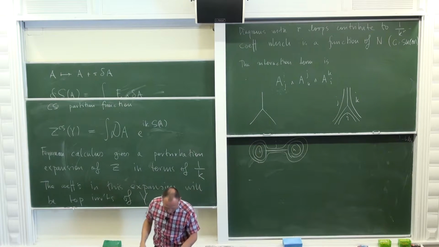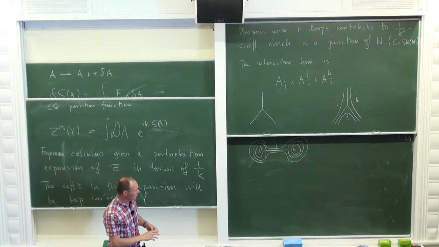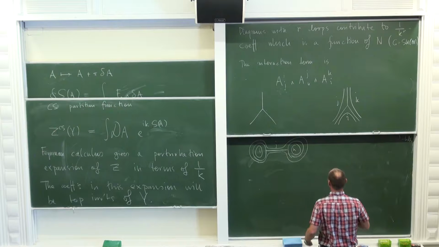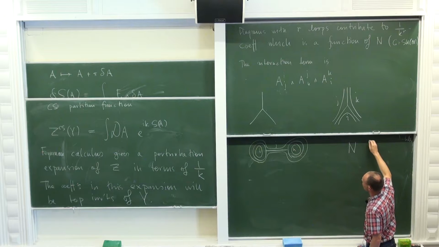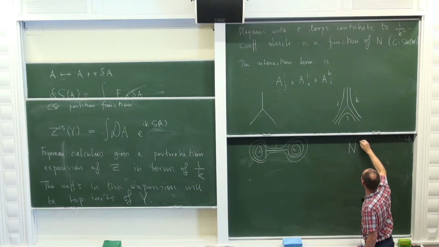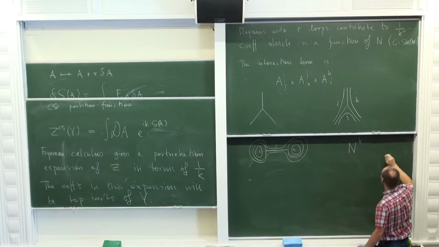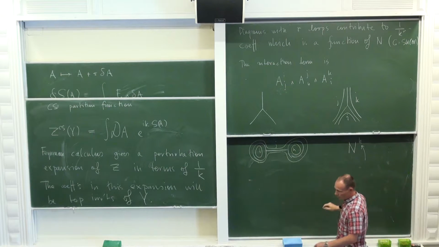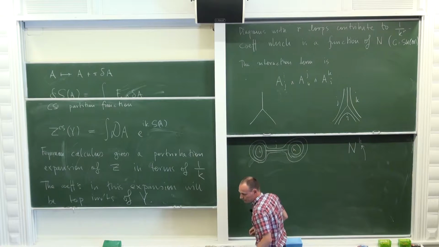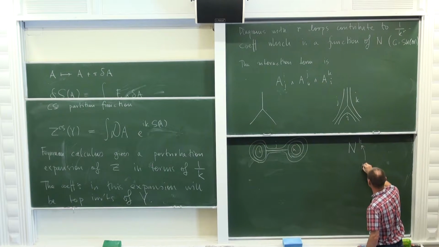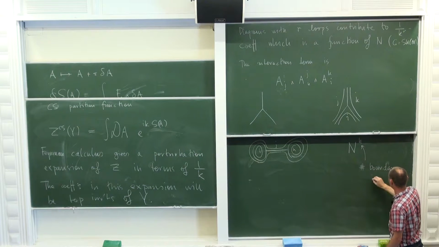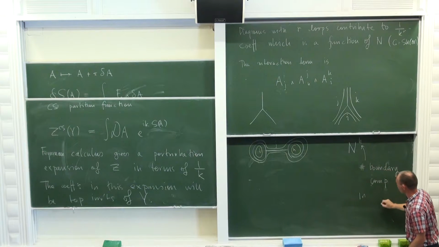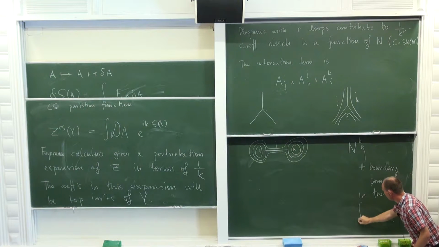So you find that, since there are n gauge indices, if you're summing over the gauge indices you would get a term proportional to n to the power of h, where h is the number of boundary components in what is called the fat graph.